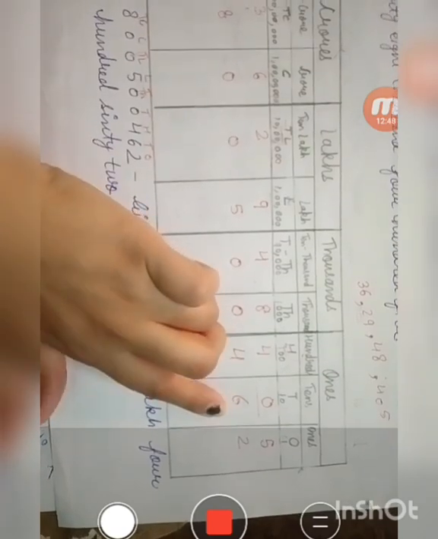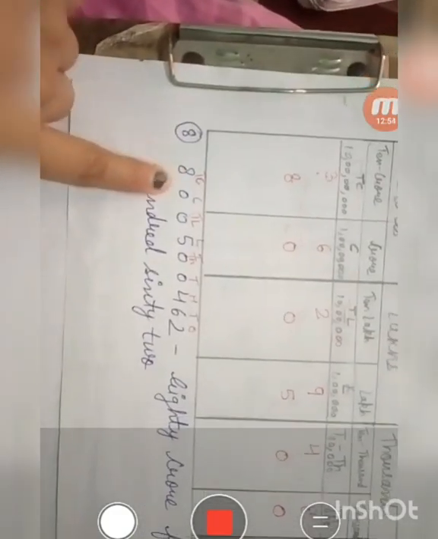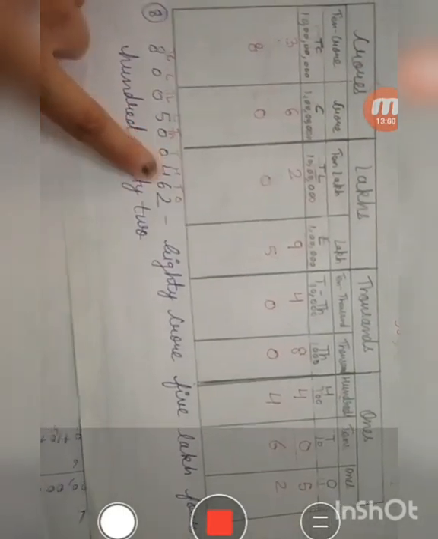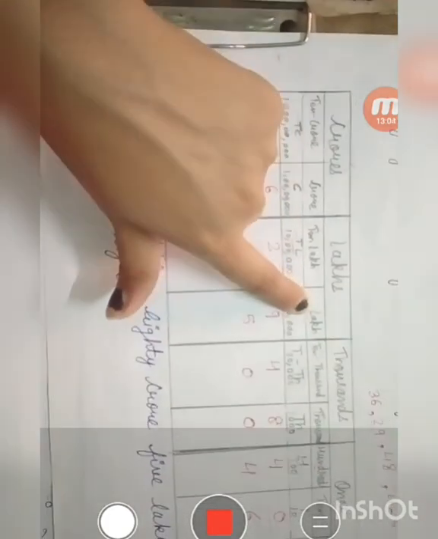Now move to 462. See, 80 crore, 5 lakh, 462. This is how we have to write it in words.